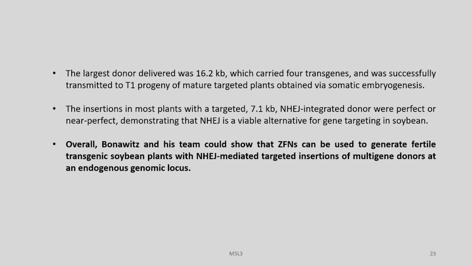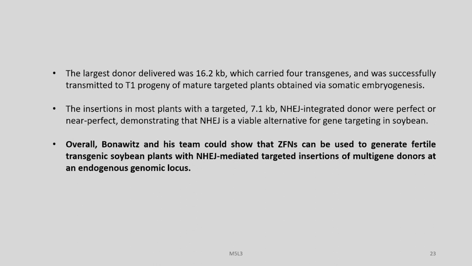The largest donor delivered was around 16.2 kb, which carried 4 transgenes and was successfully transmitted to T1 progeny of mature targeted plants obtained via somatic embryogenesis. The insertions in most plants with a targeted 7.1 kb non-homologous end joining integrated donor were perfect or near perfect, demonstrating that NHEJ is a viable alternative for gene targeting in soybean.